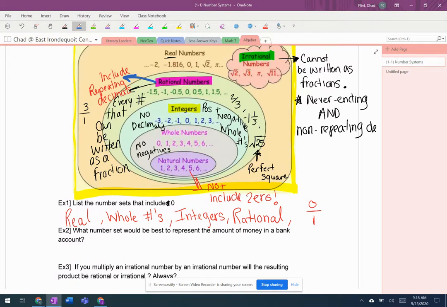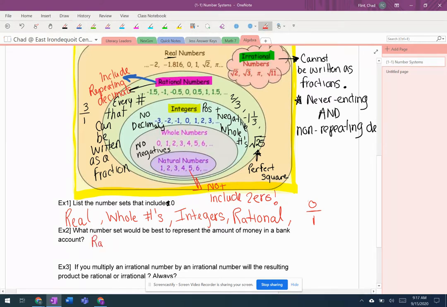No, your decimal places stop at the hundredths place. So it can't be irrational numbers. And it can't be the real numbers because irrational numbers are real. So your best situation would be rational numbers.